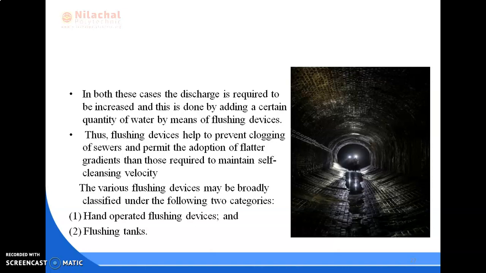Thus flushing devices help to prevent clogging or blockages of sewers and permit the adoption of flatter gradients than those required to maintain self-cleansing velocity. The various flushing devices may be broadly classified under the following two categories. Basically two types of sewage flushing devices are used. Number 1, hand operated flushing devices. Number 2, flushing tanks.